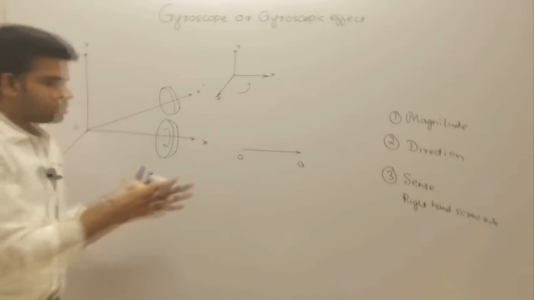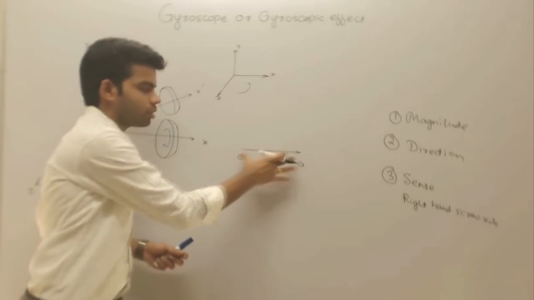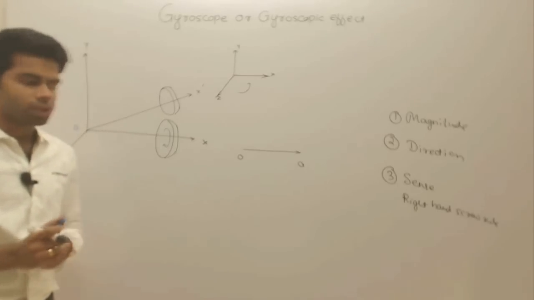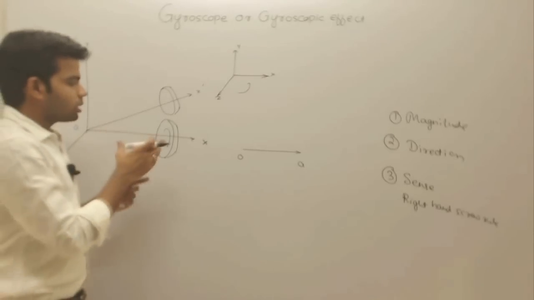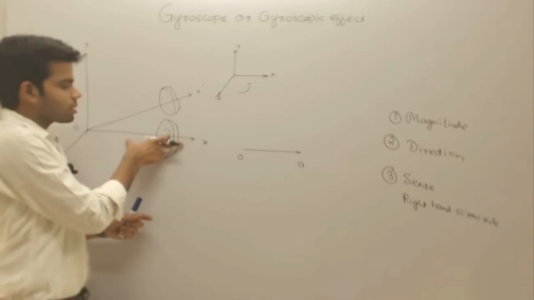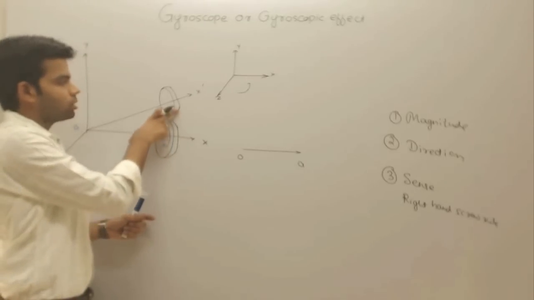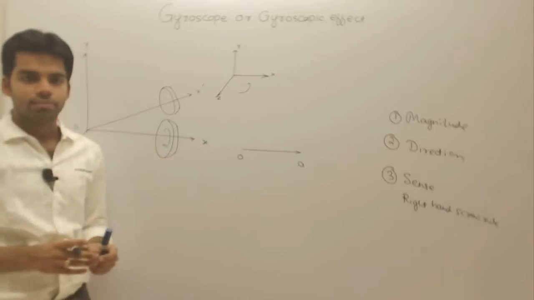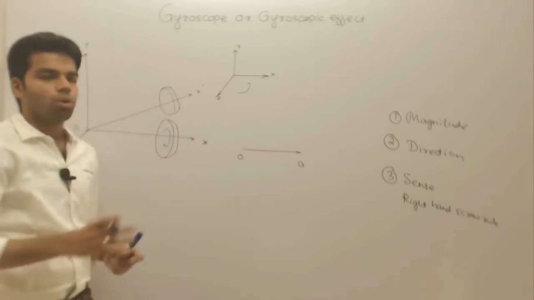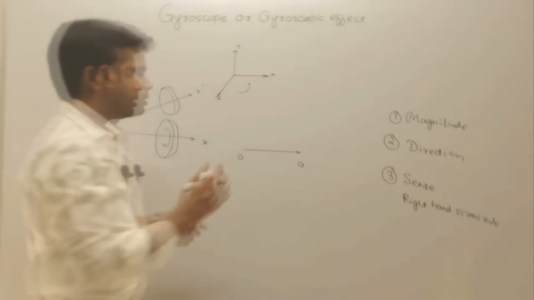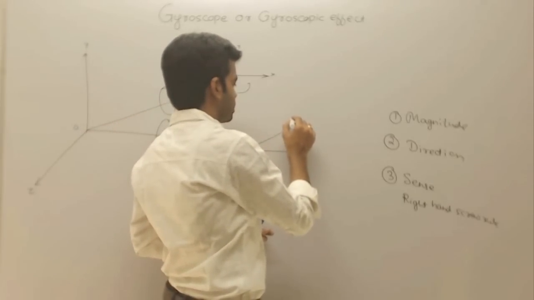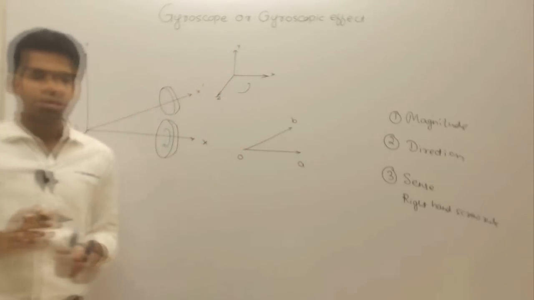The length of this vector will give me the magnitude of that angular velocity. Now I am turning this OX axis about y axis, and final position becomes OX dash. So final velocity vector will be like this. Let's suppose OB is the final velocity vector.